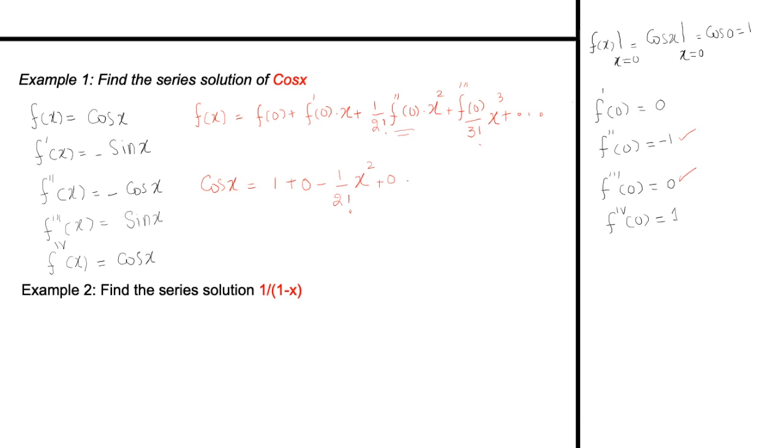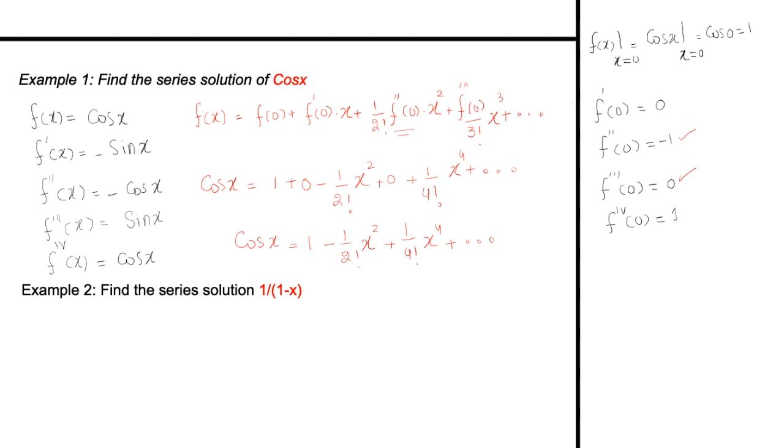And the next term, 1 by 4 factorial f fourth prime, will be equal to 1. So that will be 1 into x power 4, and the series will continue. So cos of x can be written as 1 minus 1 by 2 factorial x squared plus 1 by 4 factorial x power 4 and so on. So this is the series solution of cosine of x.